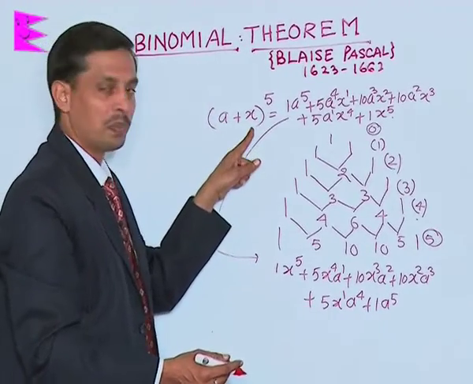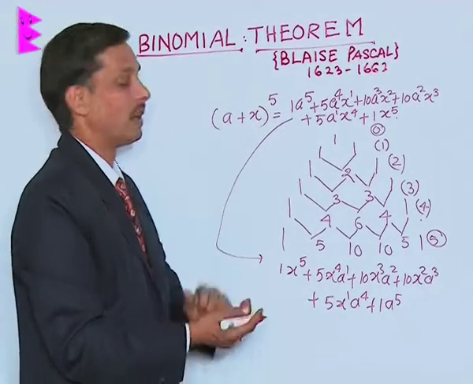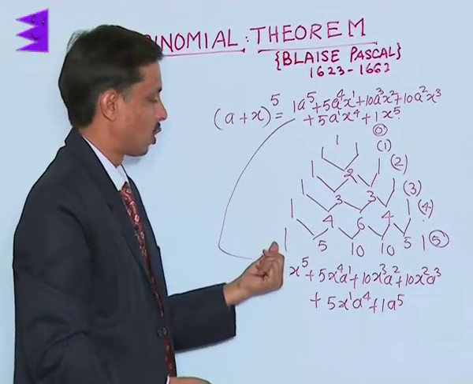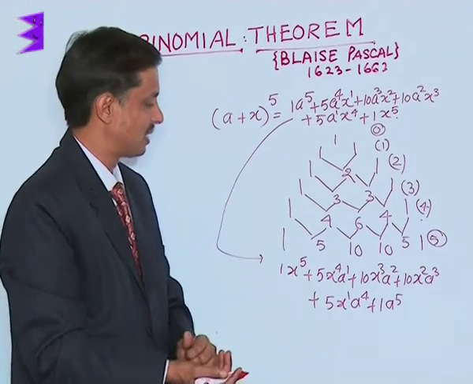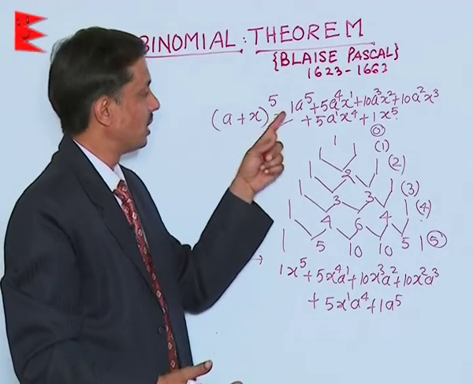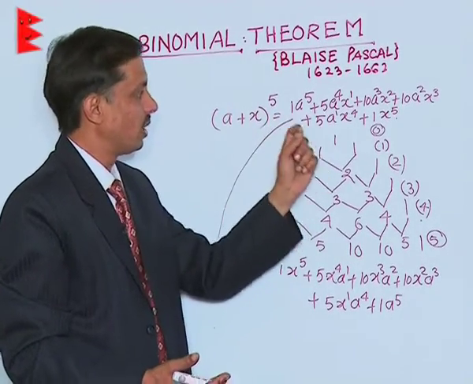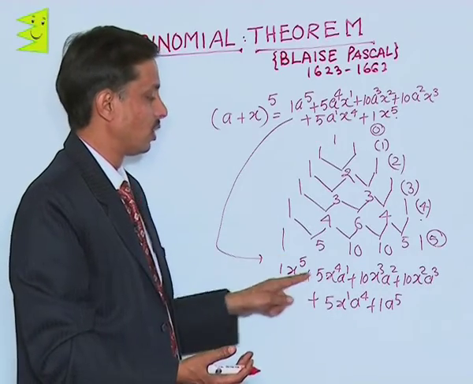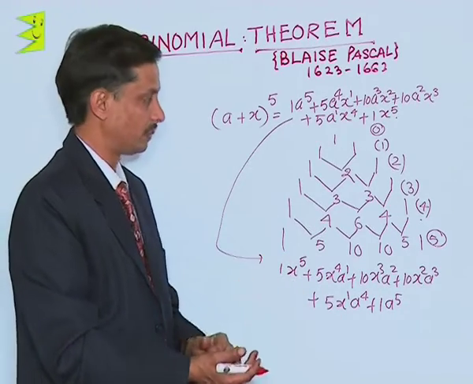A plus x is a binomial, separated by a plus sign, powers are 5, coefficients are obtained by Pascal's triangle and can be expanded in either way, either in the increasing of a with decreasing of x, or in the decreasing of x and increasing of a.